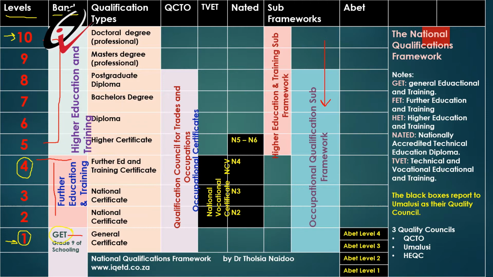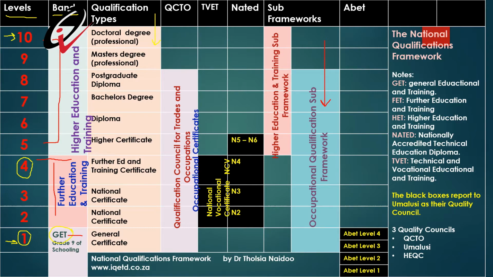So what are the qualification types? We look now at this particular column, which is column 3 in the diagram. This column outlines the qualification types that you have. On level 1, you will normally have your general certificates, your QCTO type qualifications at NQF level 1, and you would have certificates at level 2 and level 3, and your FETC, further education and training certificates, at level 4.